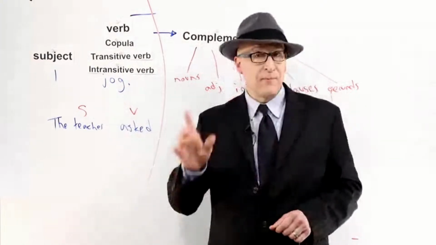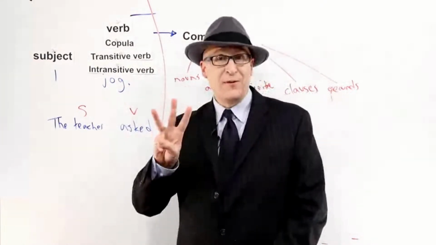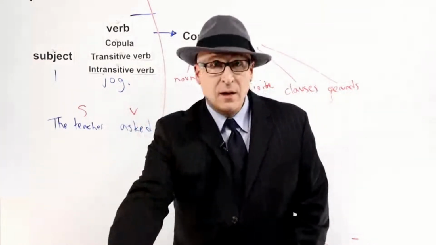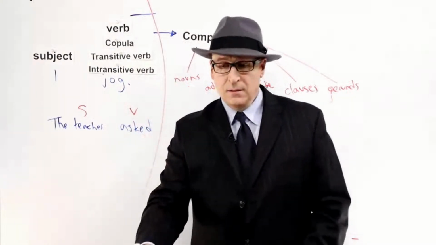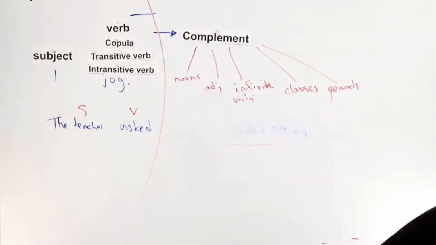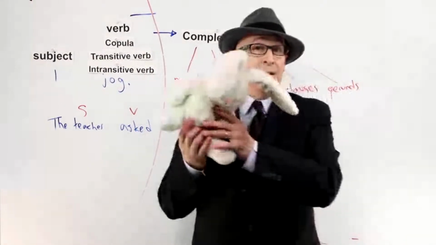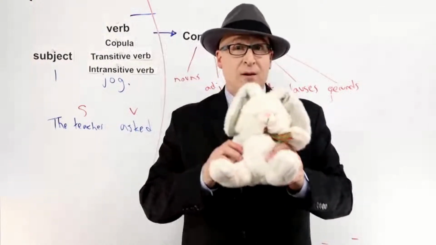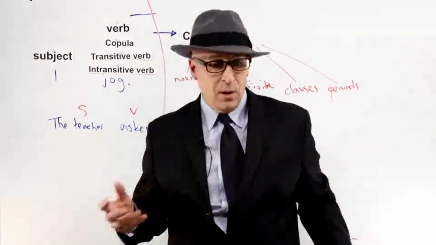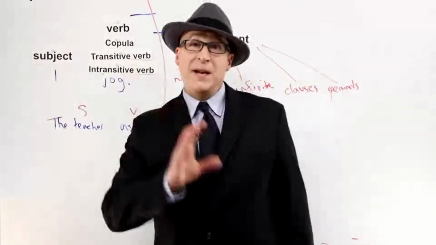You have no choice. Now the object can take 3 forms. It can be a simple noun. Paul enjoys pens. Paul likes bunnies. Paul enjoys rabbits. Paul enjoys pizza.